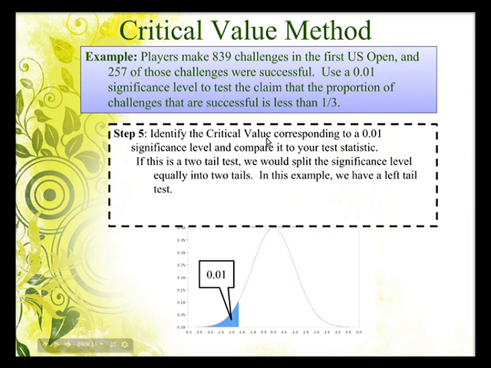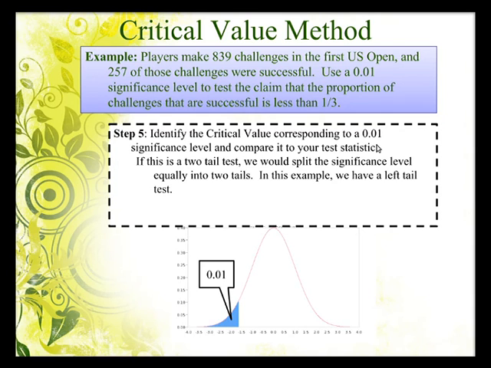So now let's identify the critical value corresponding to a 0.01. So this is the first place where the critical value method differs from the p-value method. Up until now, they've been exactly the same in the steps. So we want to look at our significance level 0.01 and identify the critical value corresponding to 0.01. That is the critical value, or the z-score, that has 0.01 to the left of it.